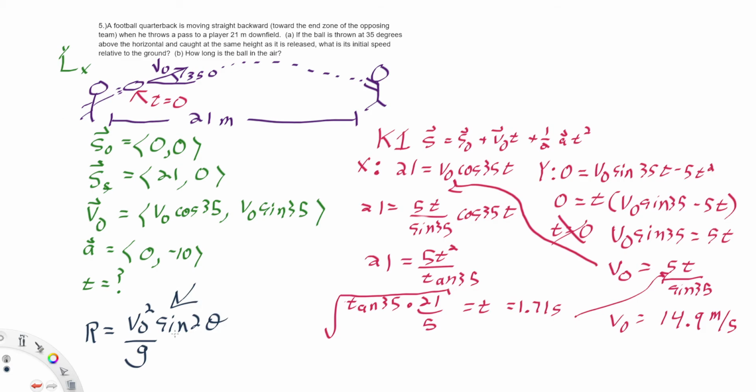If you came to office hours, we derived this formula. And the way you get this formula is by using K1 in the x and the y direction, under some assumptions. So this thing for r over here is really just K1 dressed up in different clothes.